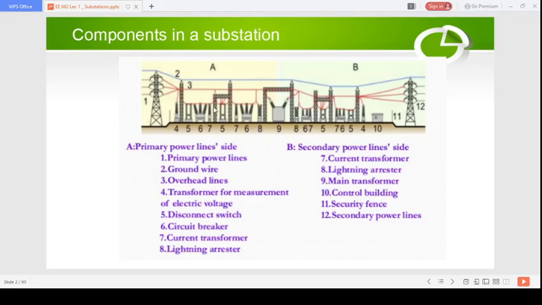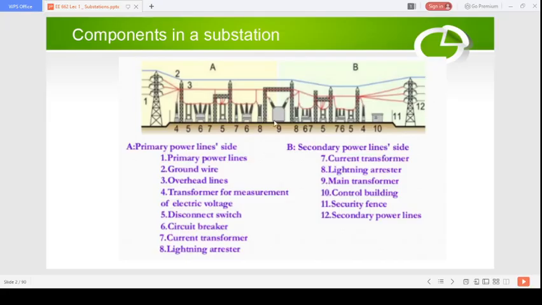These we call CTs and PTs, for measurements. Then you have the disconnect switch, number 6 the circuit breaker, and number 7 the current transformer, which you use to measure the current. Number 8 is the lightning arresters.